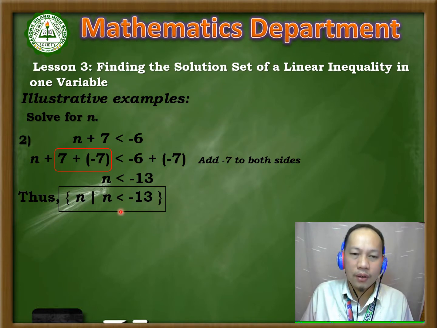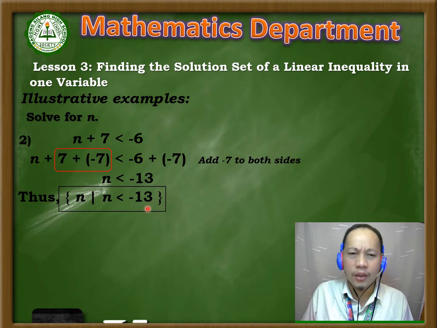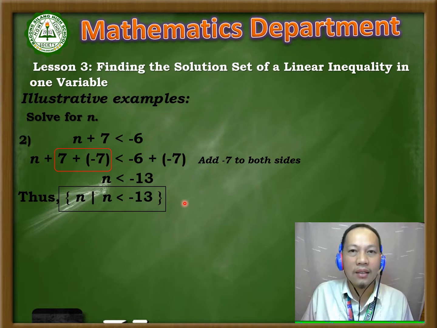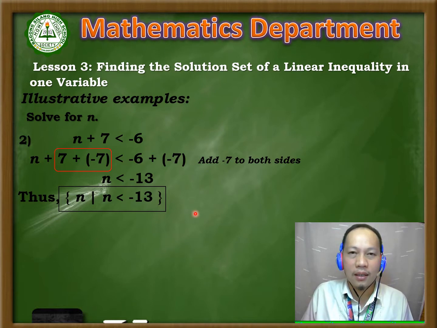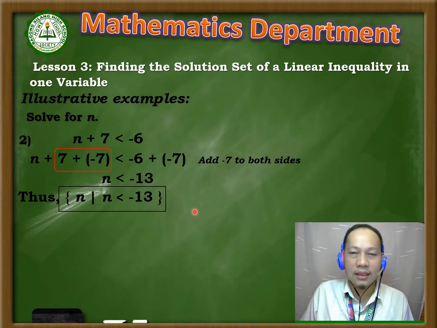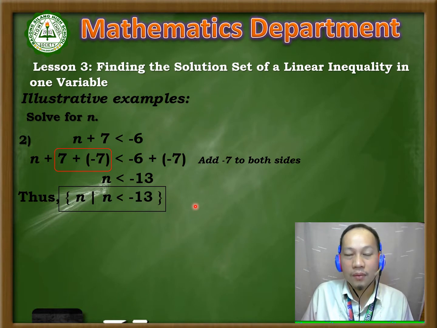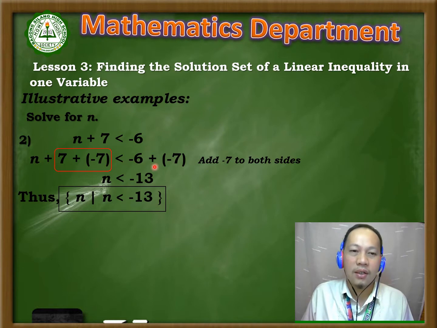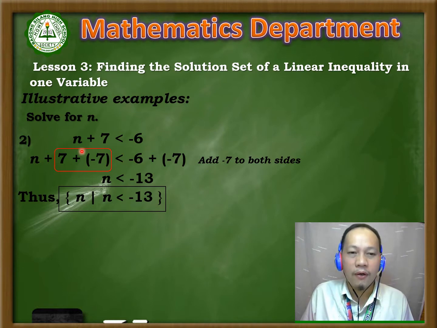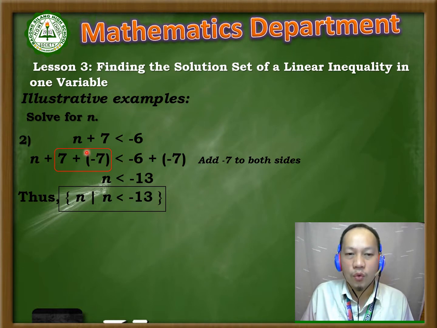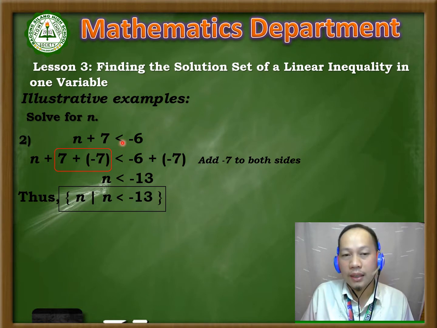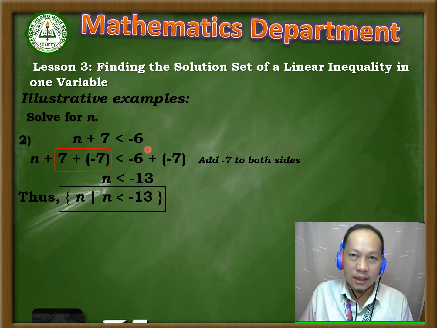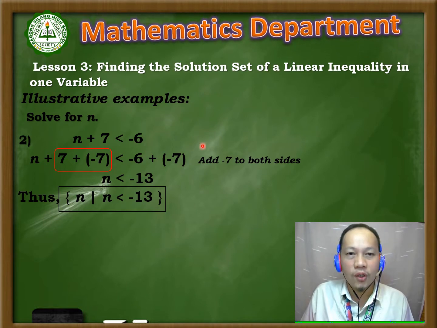For example, 5 is not a solution for this inequality. Let's try 5. But take note, it's not a solution. So n will be 5 plus 7. So what is 5 plus 7? It's 12. Is it lesser than negative 6? No, because it's not a solution for that inequality.